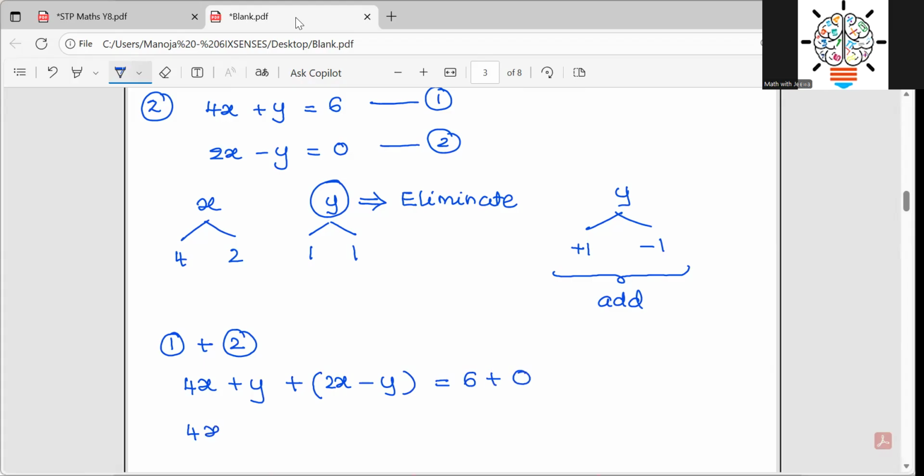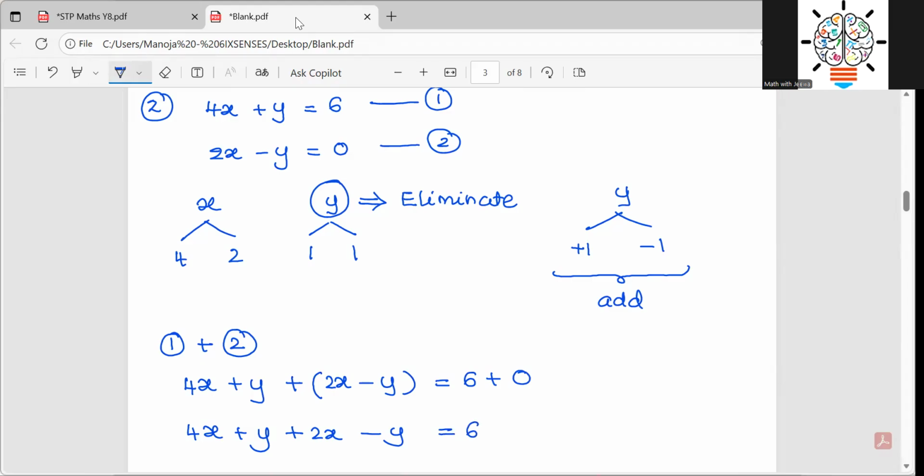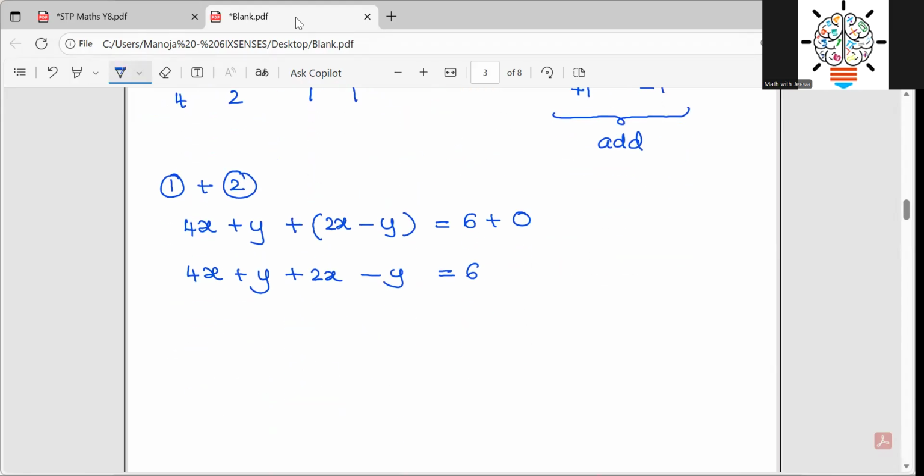Then I simplify the bracket, 4x plus y plus 2x minus y equal to 6. Positive y, negative y, you can cancel. 4x plus 2x, it is 6x. 6x equal to 6 and x equal to 6 divided by 6, x is equal to 1.